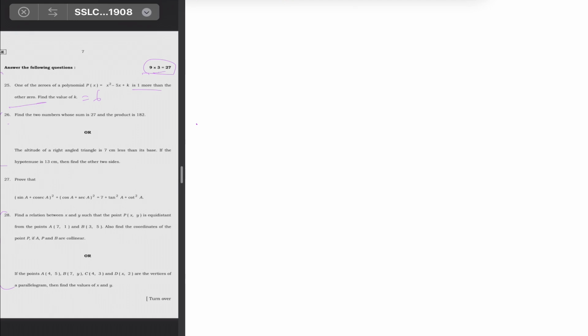Coming to the next question, 26th question. Find the two numbers whose sum is 27 and the product is 182.